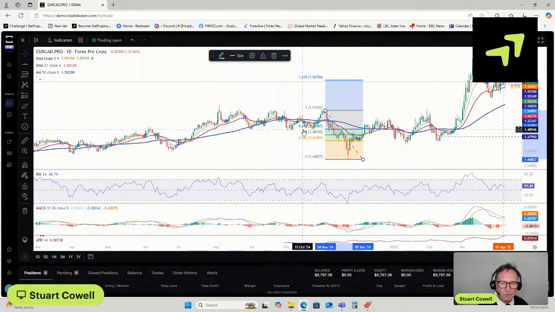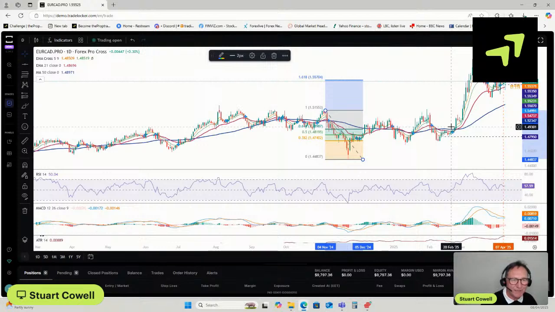And moving forward, you can see how the 61, the golden ratio level of that leg move there, the November to December move, has been the pivot area that we've rotated through until we haven't. That sounds a bit naff, but we rotated through it. We went back to the top level.